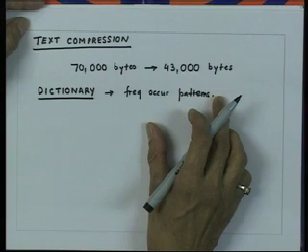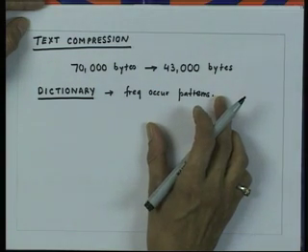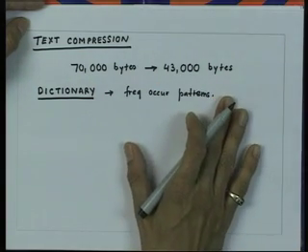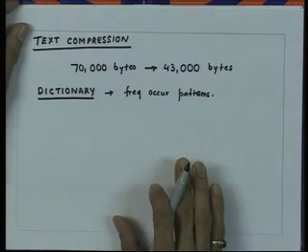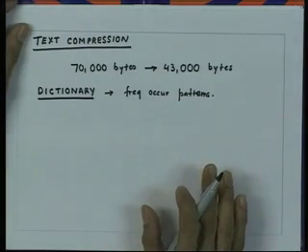When these patterns appear in the source output, they are encoded with a reference to the dictionary. If the pattern does not appear in the dictionary, then it can be encoded using some other less efficient method.